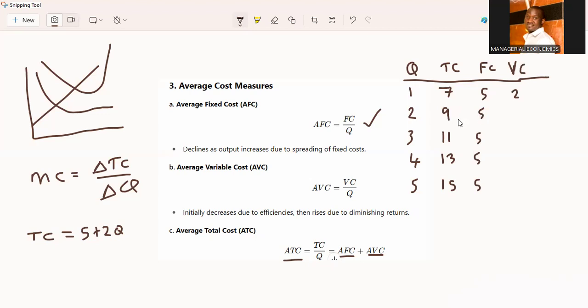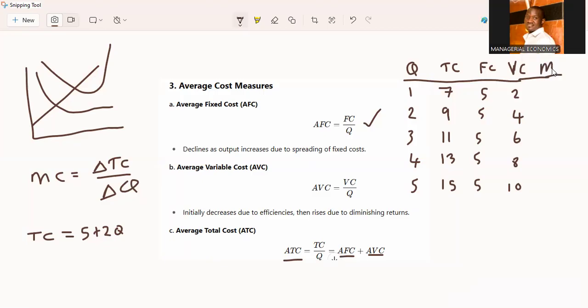Just subtract this minus that, it is 4. What is the variable cost here? 11 minus 5, get 6, 8, 10. So this is our variable cost. So when you add the fixed cost plus variable cost, we get the total cost.